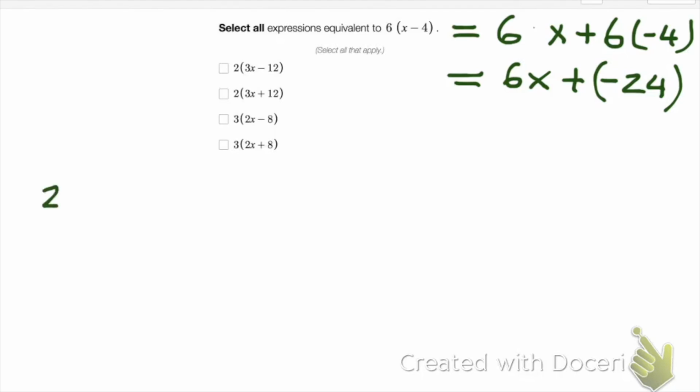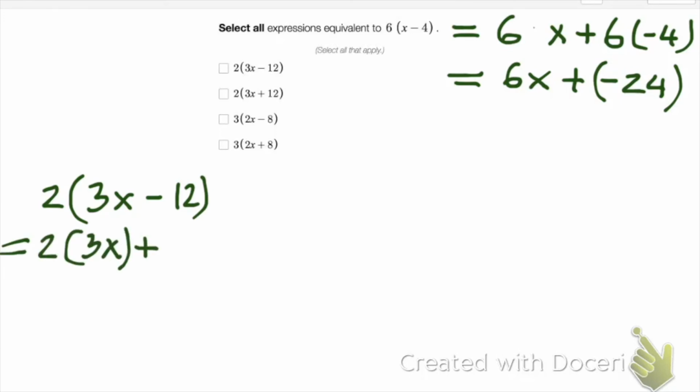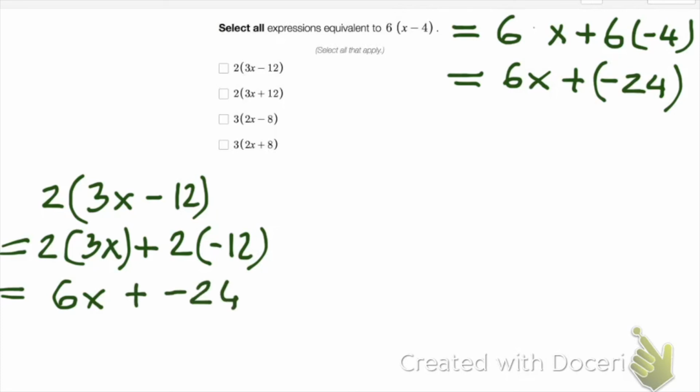Okay, we can start with 2 times 3x minus 12. We get 2 times 3x plus 2 times negative 12. So it's going to be 6x minus 24, right? And it is the same, so we pick it.